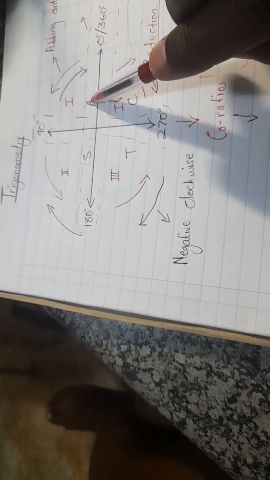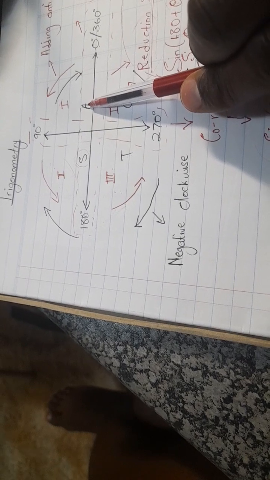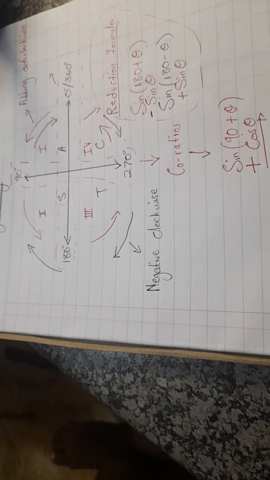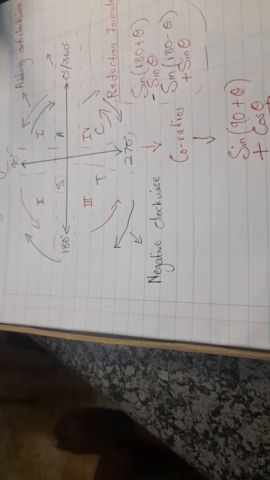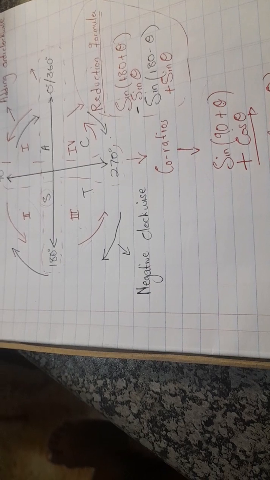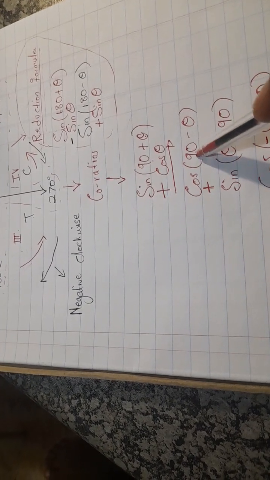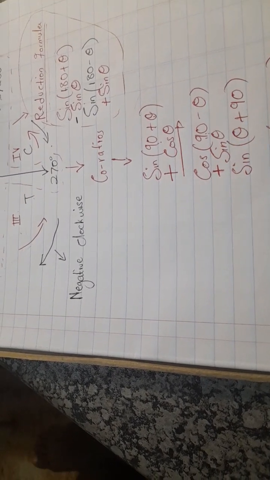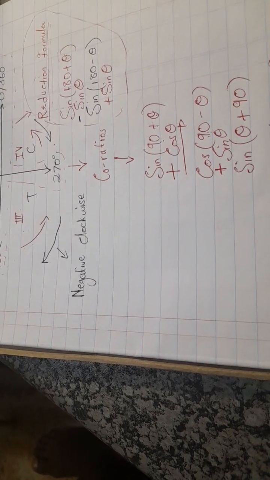First quadrant. In the first quadrant, they are all what? All positive, which means I will take my positive. Since this cos is positive in first quadrant, what about the 90? 90 will affect cos. 90 will make cos to be sine theta. Then now, this is your final answer.